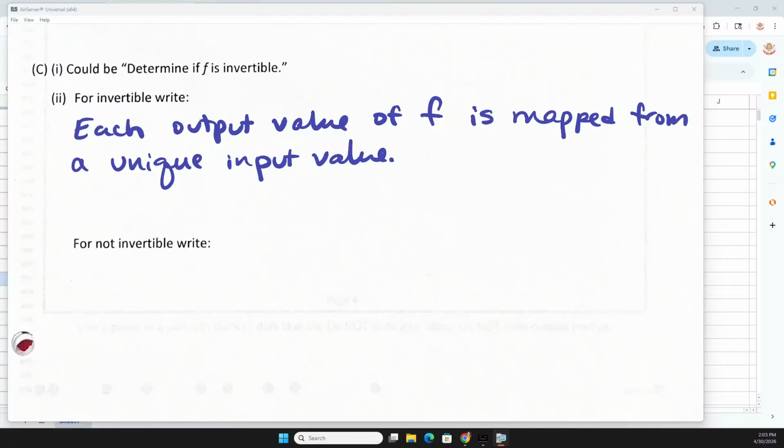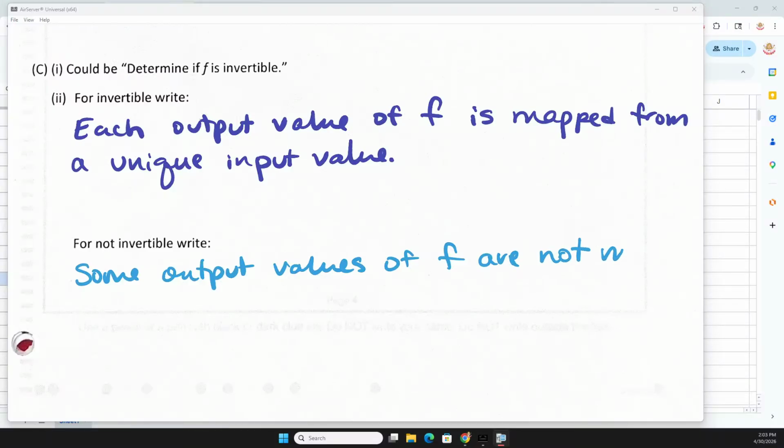And then you have a little bit more to write if it's not invertible. So if you say no, then you say something like some output values of F are not mapped from a unique input value.